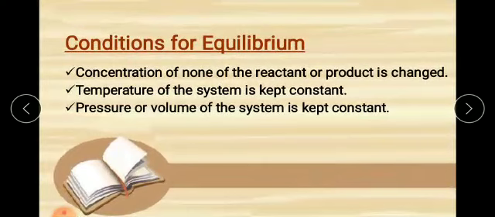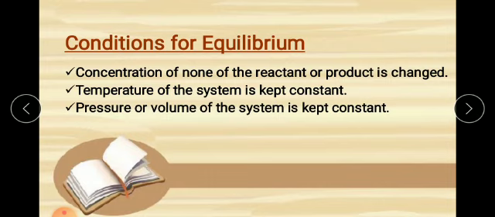Condition 1. Concentration of none of the reactants or products is changed, meaning we do not add any amount of reactant or product. Students, keep in mind that all conditions are required to maintain equilibrium. Condition number 2, temperature of the system is kept constant.